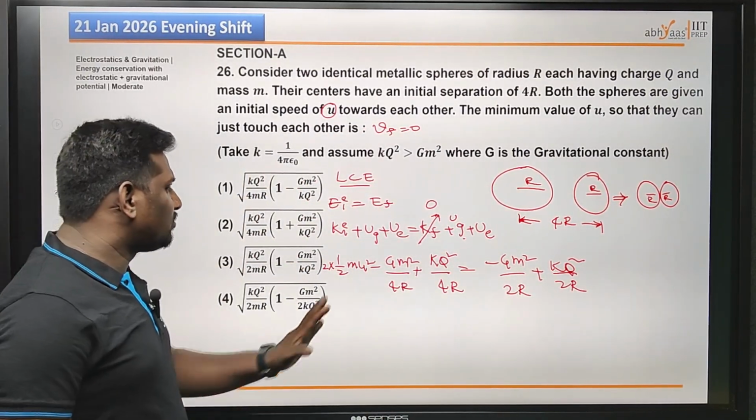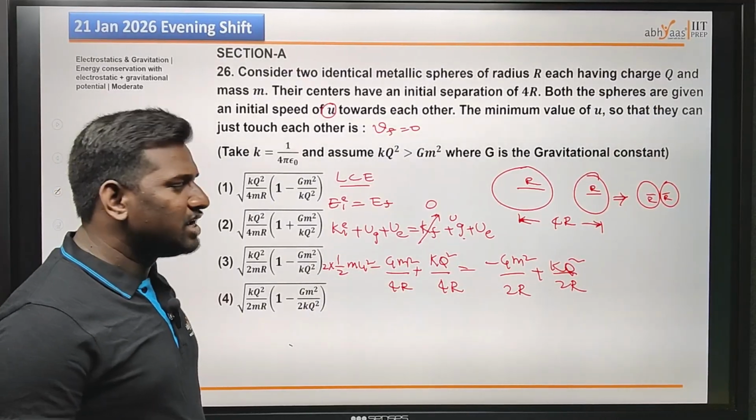What do I have to find? I have to find the u value, the initial velocity.